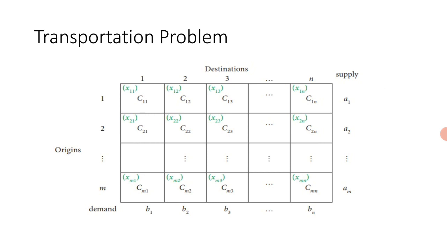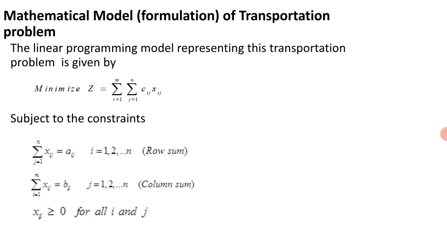The linear programming model representing this transportation problem is given as minimize the objective function z is equal to summation from i is equal to 1 to m, summation from j is equal to 1 to n, Cij xij.